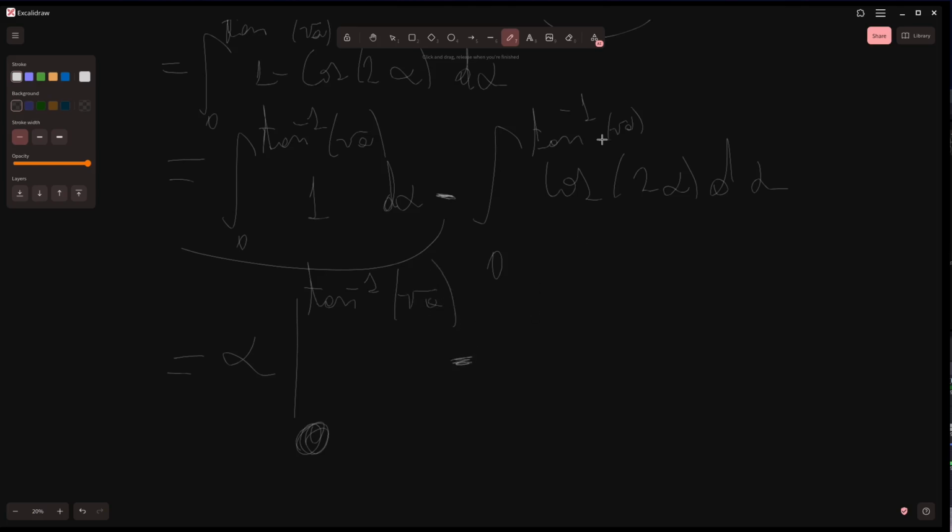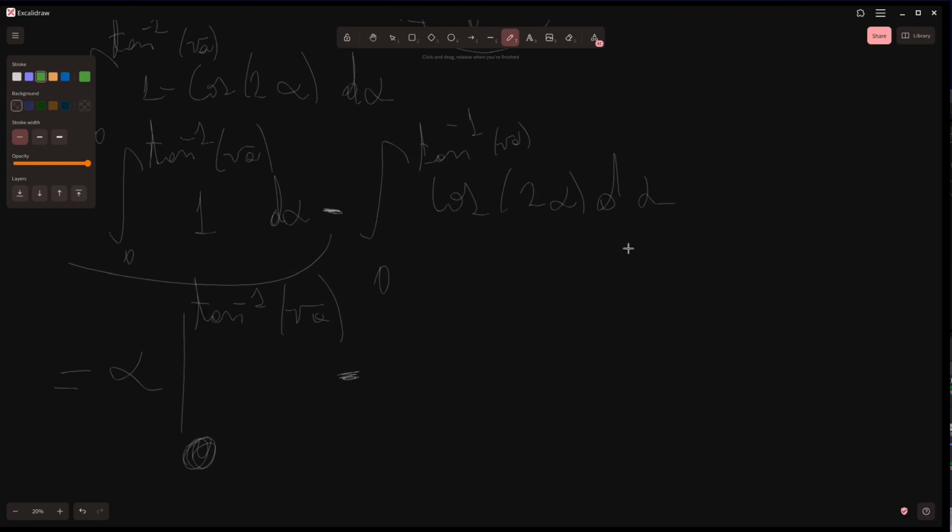We know that if we replace the angle with u, u should be 2 times alpha, so d alpha is du over 2. So we need to multiply by 2 to solve this.